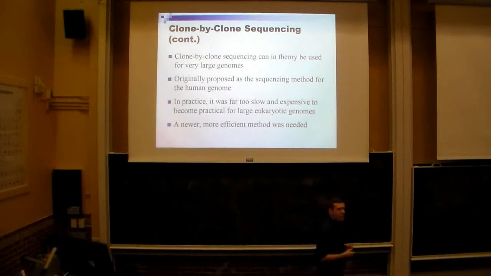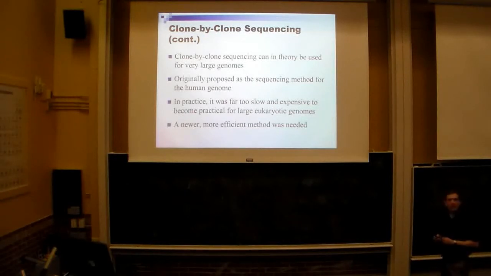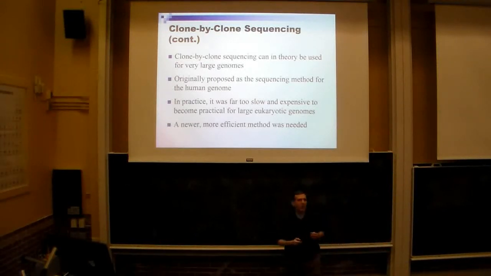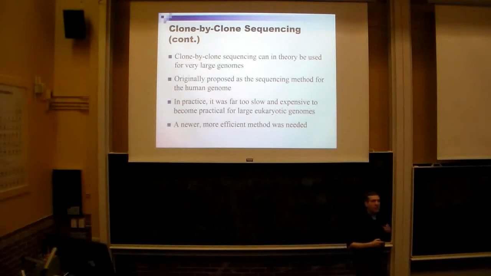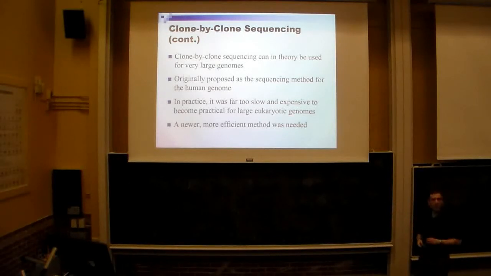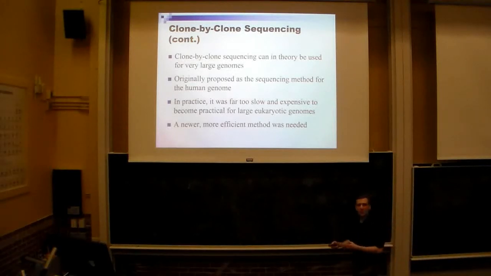All right, so this, as I say, was proposed, and in theory this would work, but in practice it really wasn't a good technology for solving this. Even at the time people proposed this as the original way of solving the human genome, it was well understood that this was going to be too slow and too expensive for the technologies available at the time. The idea behind this was that you would start working on this, start doing things this way, and new technologies, new advances would come along.